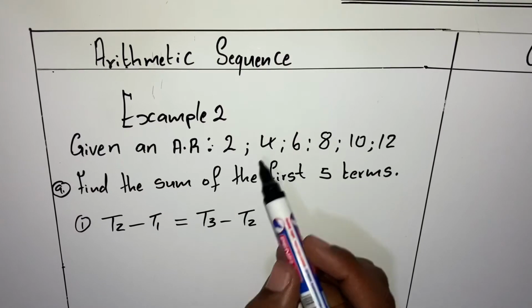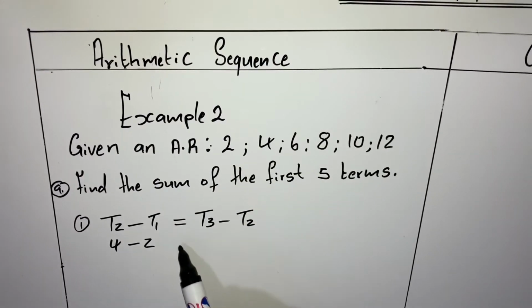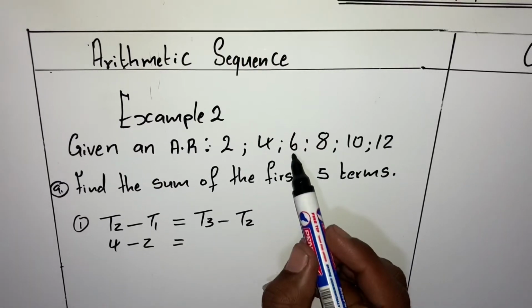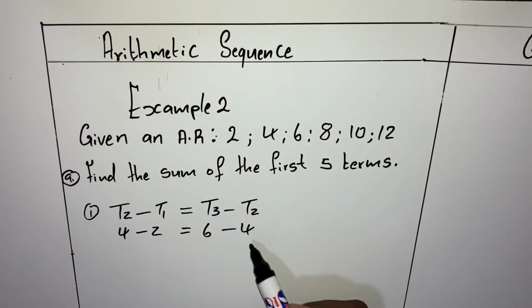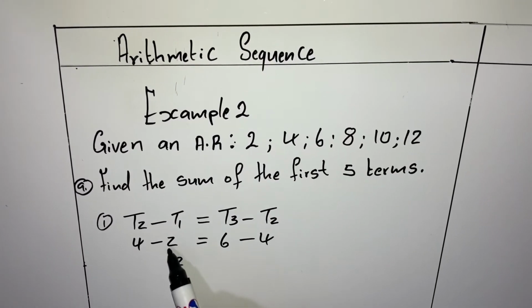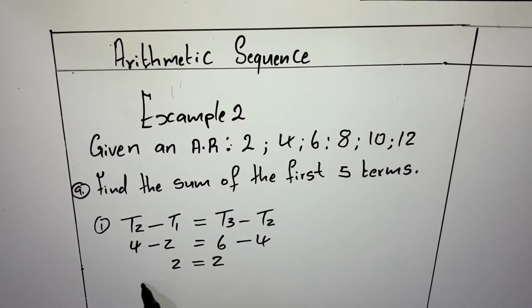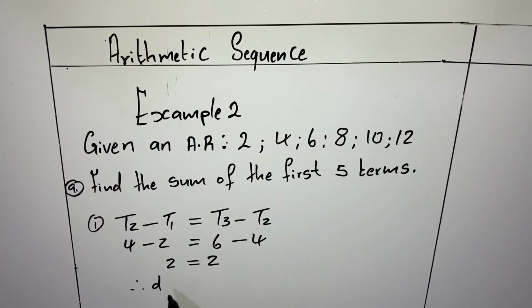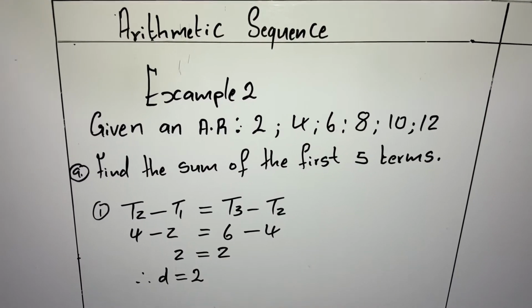Our T2 is 4, our T1 is 2, equals our T3, which is 6, minus our T2, which is 4. Then 4 minus 2, we get 2. 6 minus 4, we get 2. Therefore, d is equal to 2.